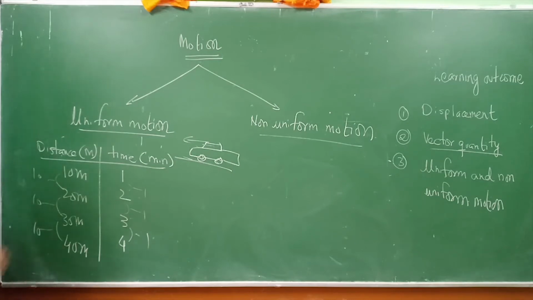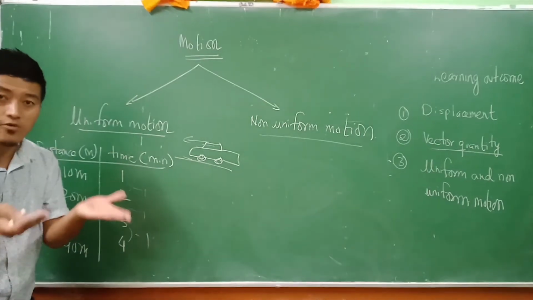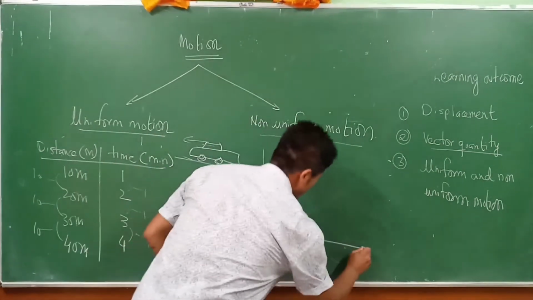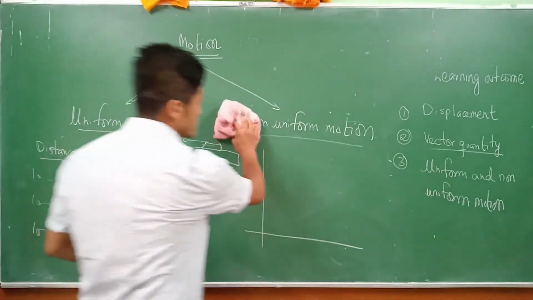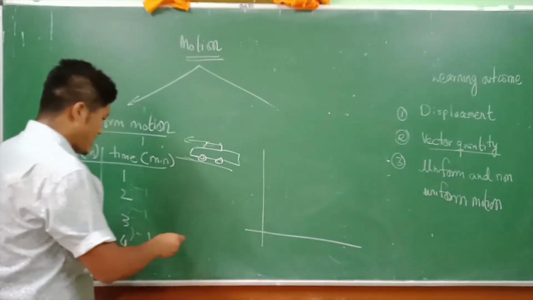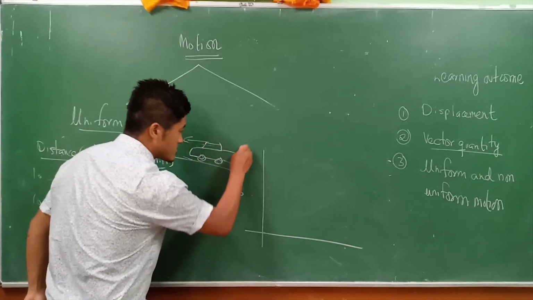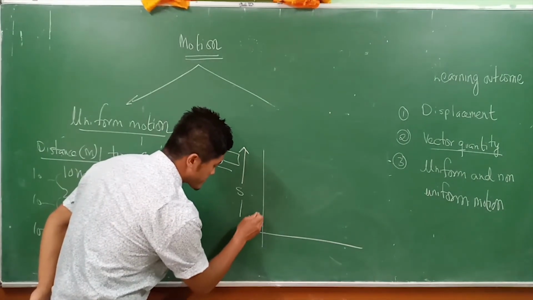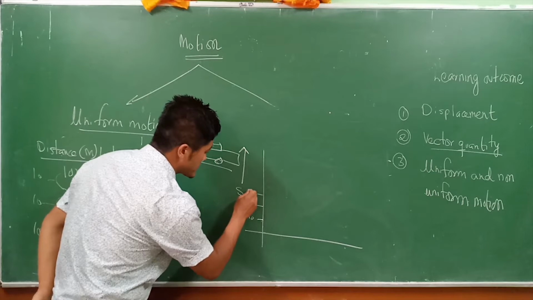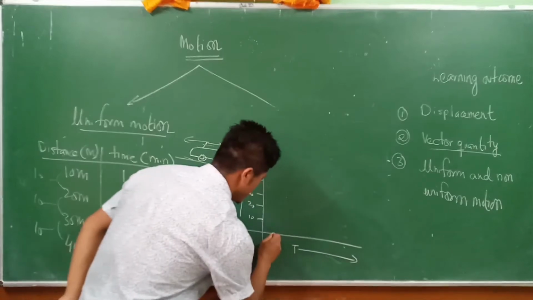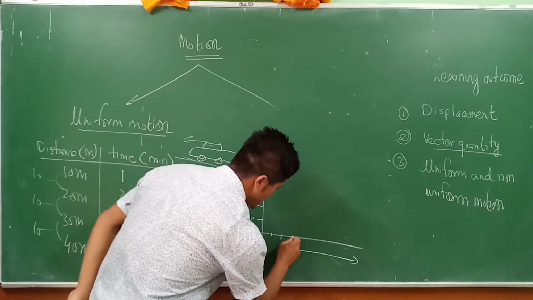So that means the change in the distance and the change in the time is somewhat the same, going in the same way. So when we plot the graph, this is not the non-uniform motion. We will talk about non-uniform motion in the next one, okay? So I'm going to write the distance in that manner here. This S symbolizes distance, right? This is 10, 20, 30, 40. Now this is time: 1, 2, 3, and 4.